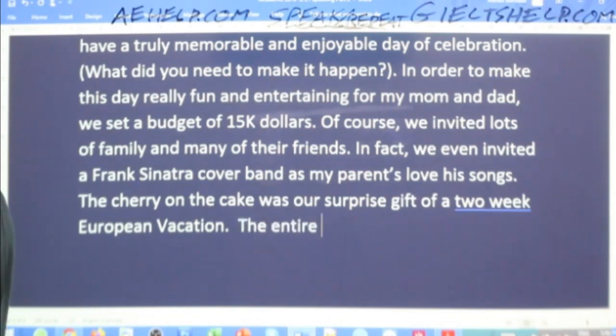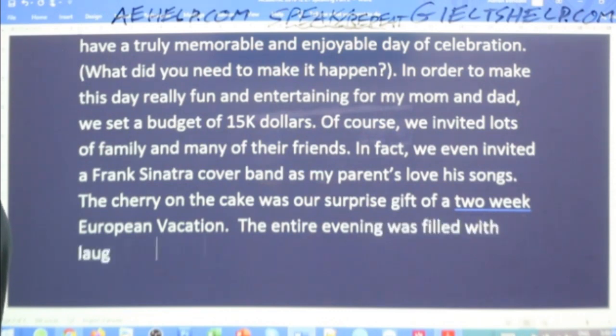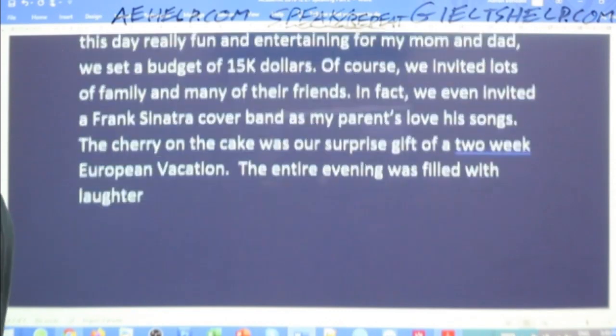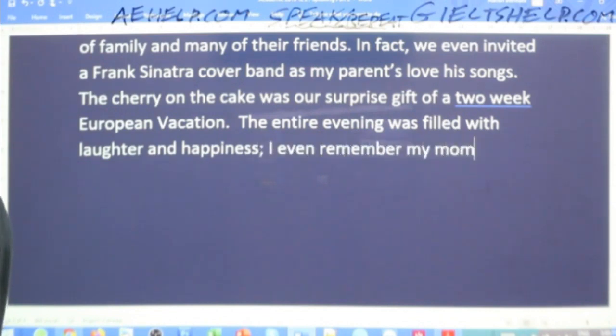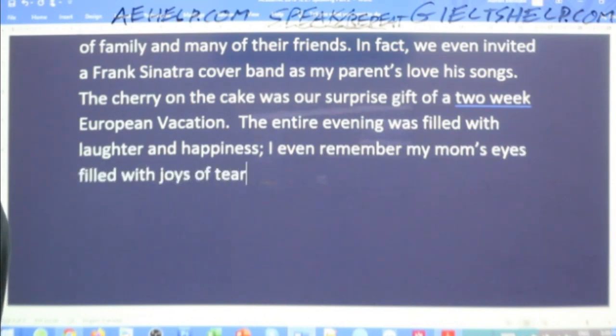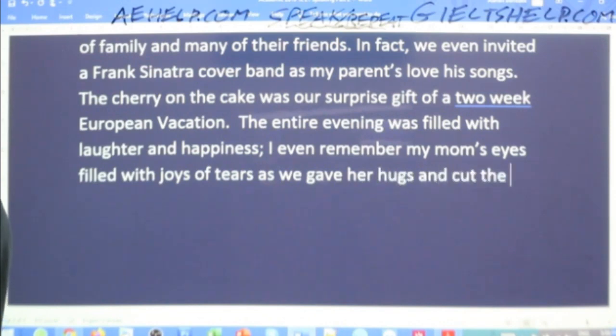The entire evening was filled with laughter and happiness. I even remember my mom's eyes filled with joyful tears as we gave her hugs and cut the cake.